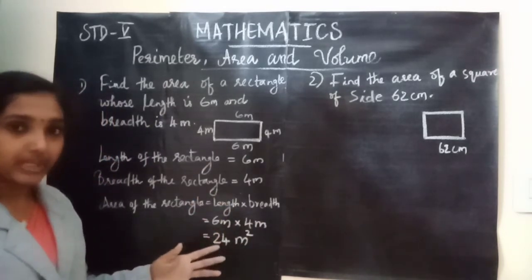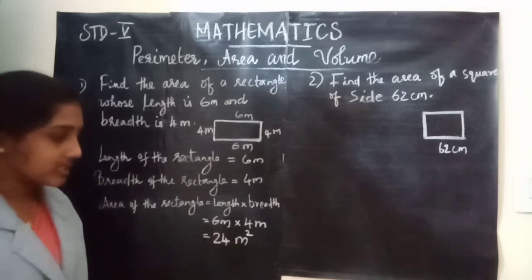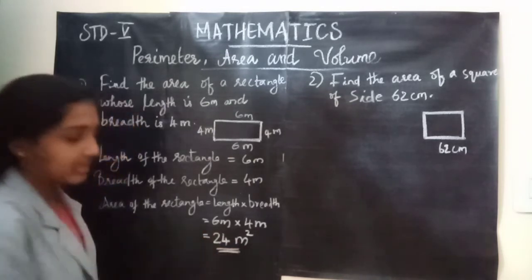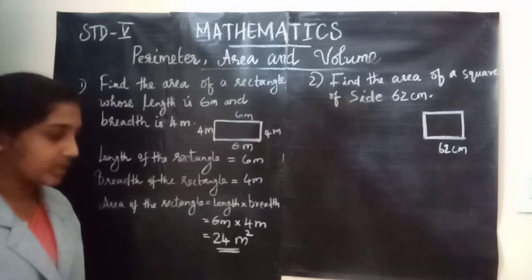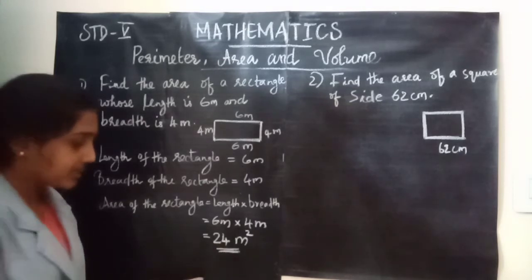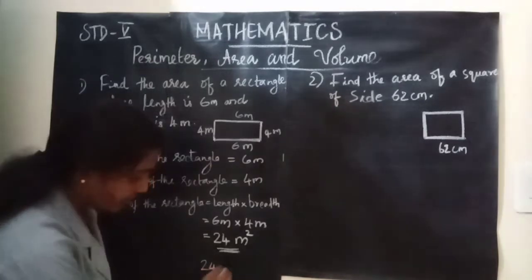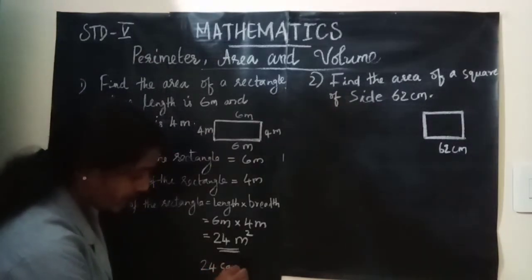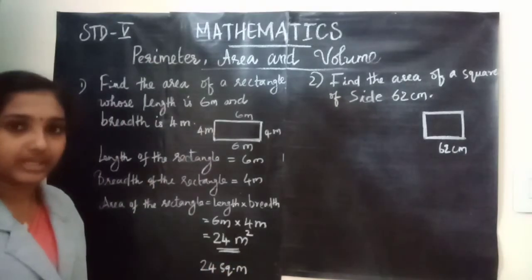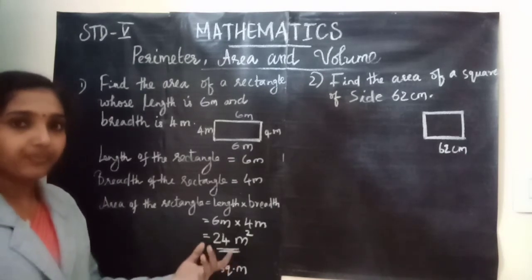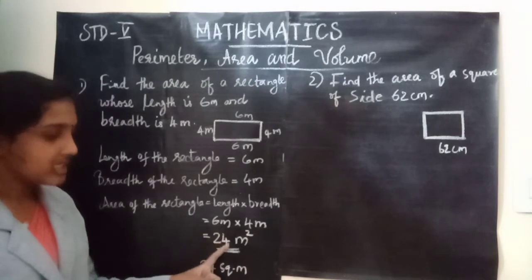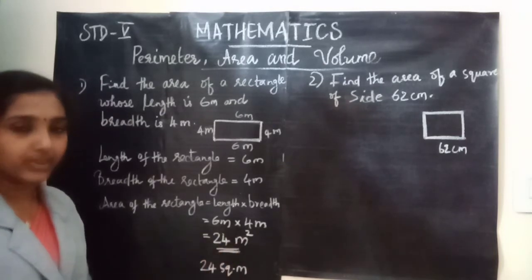If the length is in meter, the area is in meter square. Or we can say it as 24 square meter also. That is the other way to represent the unit, and it is also correct. In any way we can express the unit of area. Here it is 24 meter square.